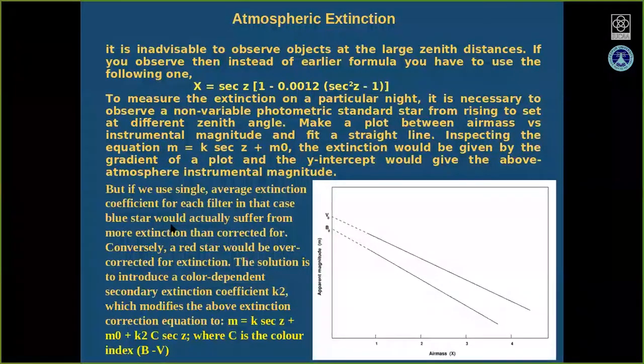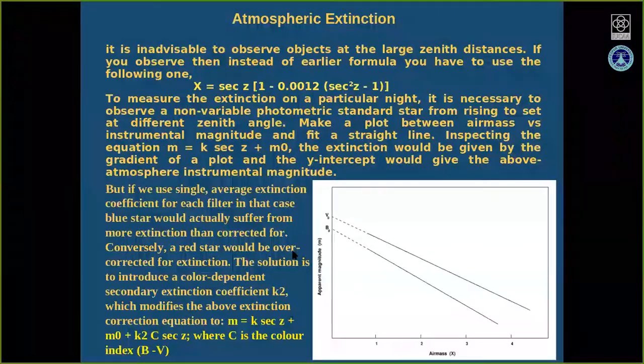The blue star would actually suffer from more extinction than corrected for, because blue light will be extincted more, and conversely a red star would be overcorrected for extinction, right?